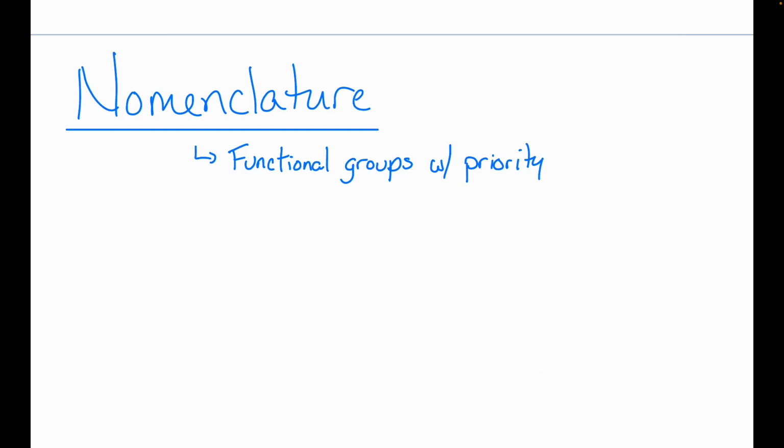Right, we'd introduced a few last time, the ether and the epoxide, that were considered substituents, so they didn't have this concept of priority attached to them. Aldehydes and ketones both are considered functional groups with priority. All right, let's start with ketones.